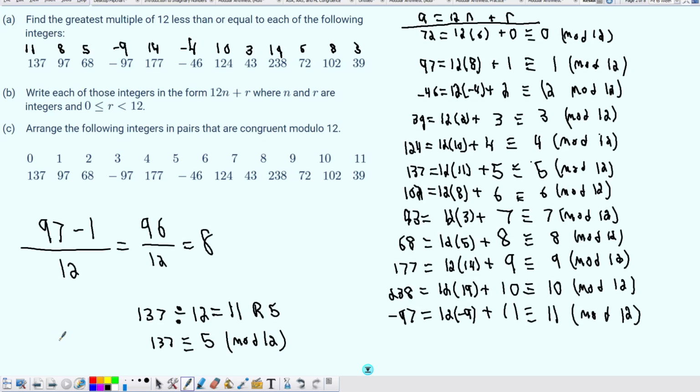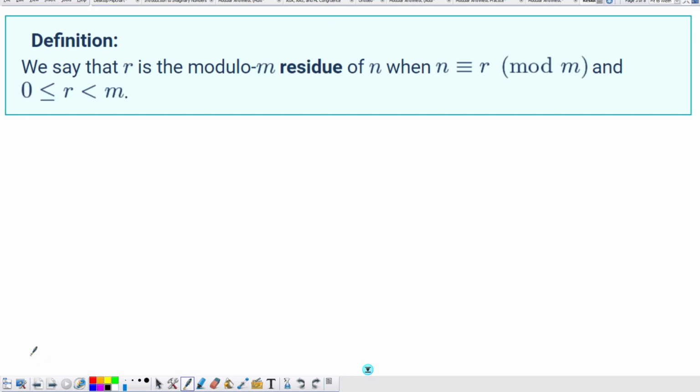Now, this will lead us into a new concept called the residue.